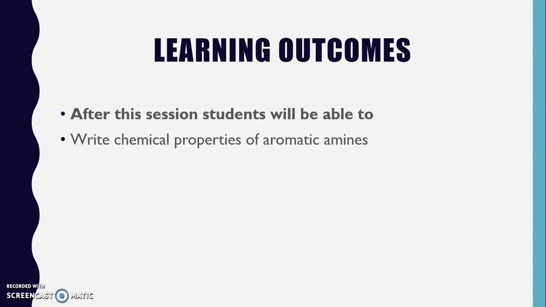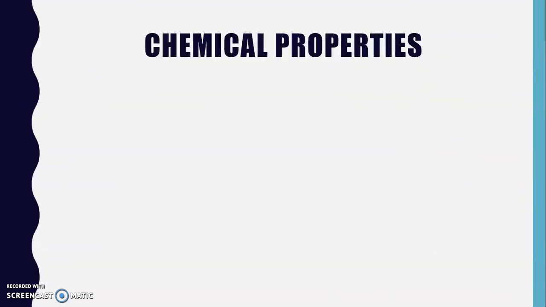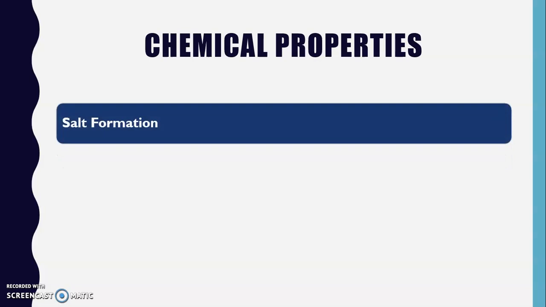So, let's begin with the first chemical property of aromatic amine, which is salt formation. Now, in case of aromatic amine, we know that these compounds are basic in nature, due to the presence of the nitrogen atom.